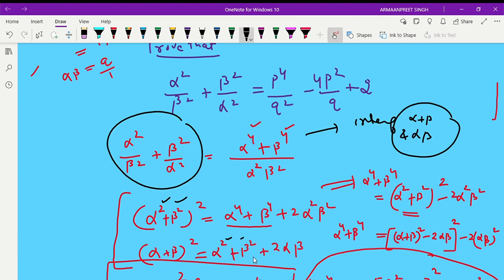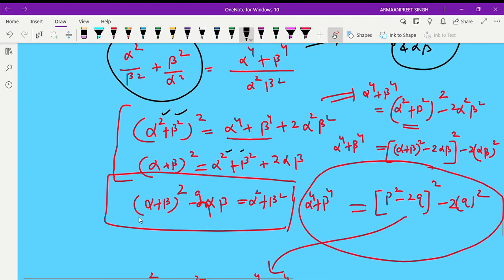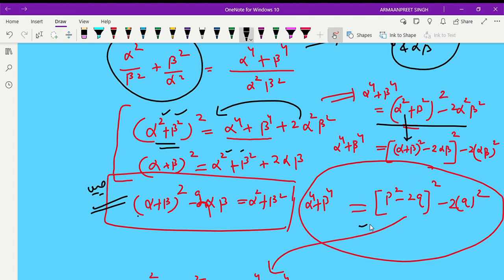First of all, find the value of alpha square plus beta square, which is alpha plus beta whole square minus 2 alpha beta, and this is a very important step. Again, put this value of alpha square plus beta square in this expression, minus this expression here. So alpha 4 plus beta 4 is equal to this. Now express this in terms of alpha plus beta and alpha beta. So this is the simplified form.